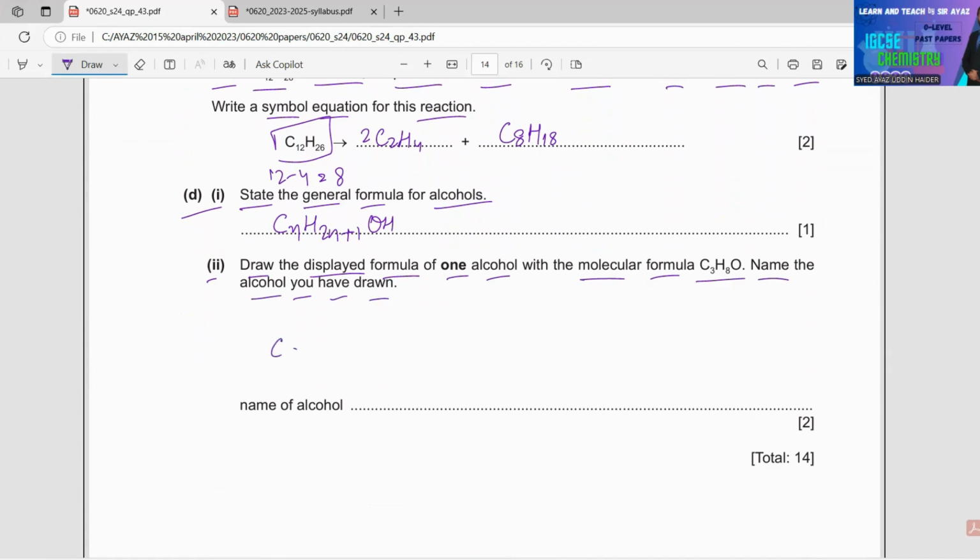So you can either draw this by placing OH on carbon number 1. I am placing OH here. Or you will place a OH on carbon number 2, O bond H. Showing other H here.